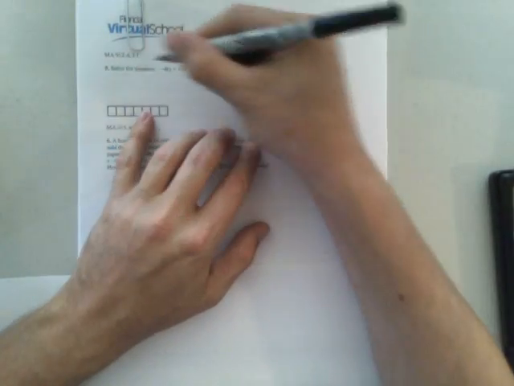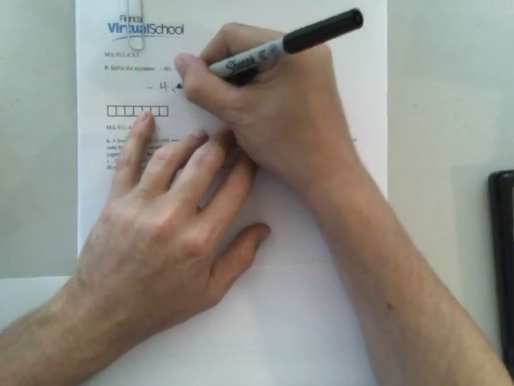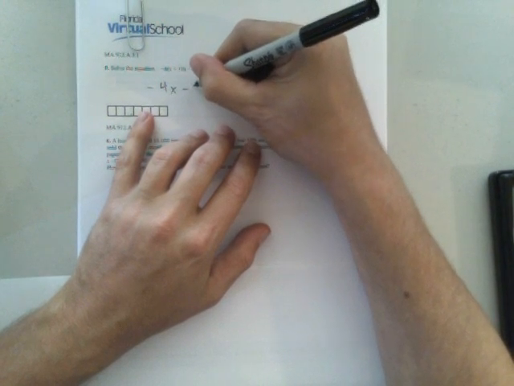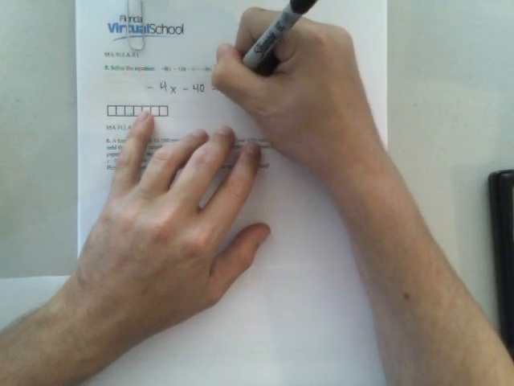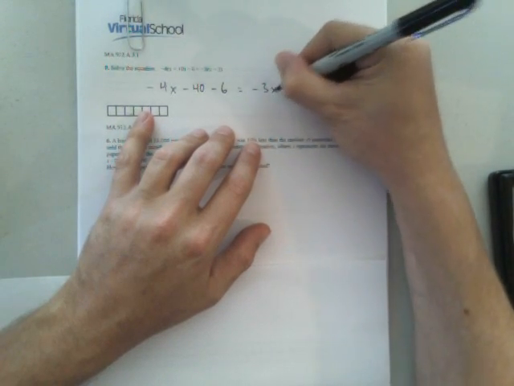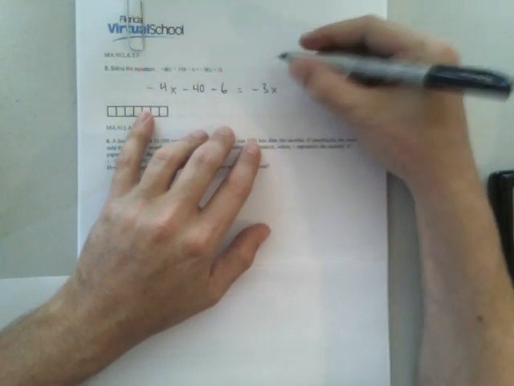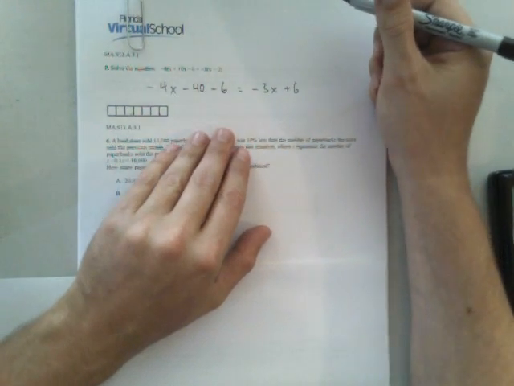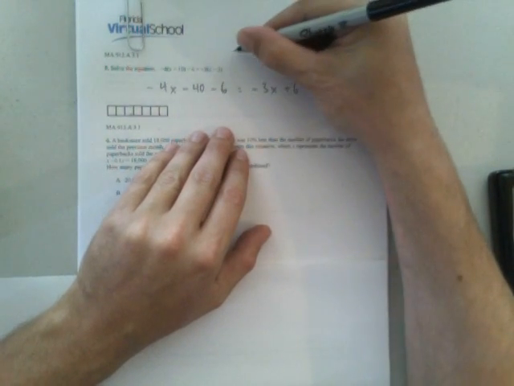Solve the equation. Well, first I'm going to distribute. This is negative 4x minus 40 minus 6 equals negative 3x. Negative 3 times negative 2 is plus 6. Then I'm going to go ahead and combine.